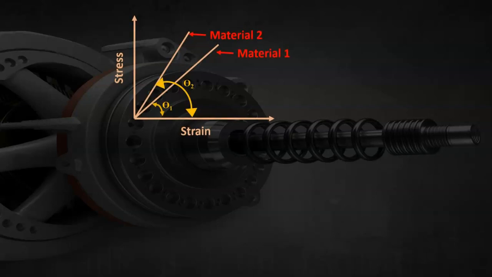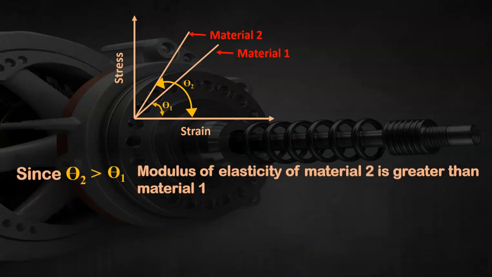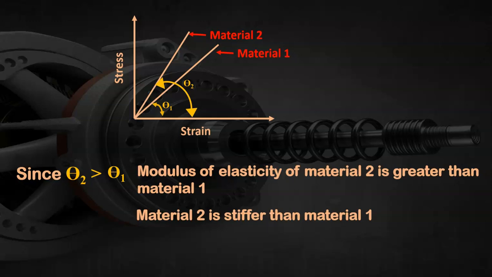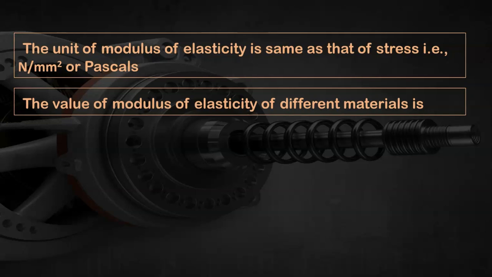If we consider stress strain curves of two materials represented as material 1 and material 2, material 2 has the slope theta 2 and material 1 has the slope theta 1. Since theta 2 is greater than theta 1, we can say the modulus of elasticity of material 2 is greater than material 1. So we can infer that material 2 is stiffer than material 1. The unit of modulus of elasticity is the same as that of stress, that is Newton per mm square or pascals.